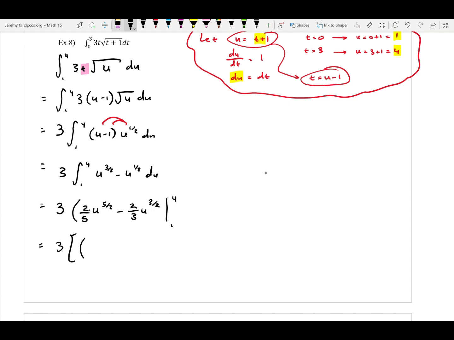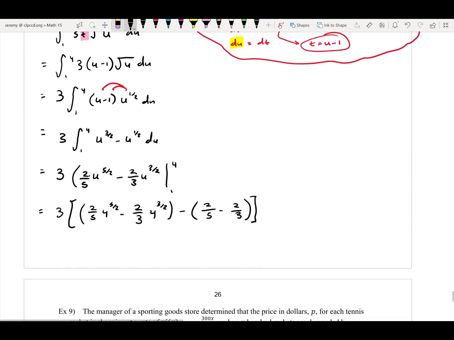So plugging in 4. And then plugging in 1. One to any power is just going to be 1, so it simplifies like that.